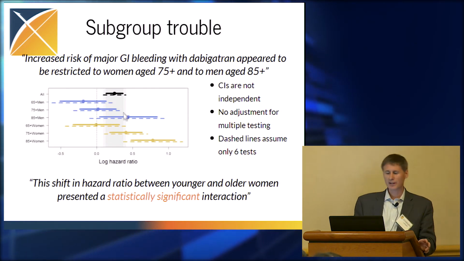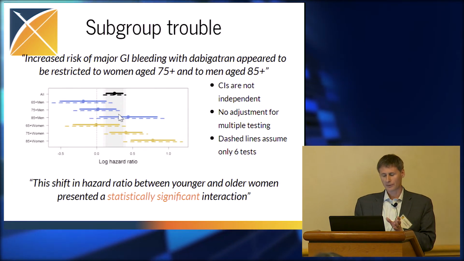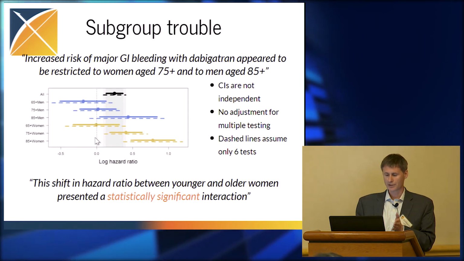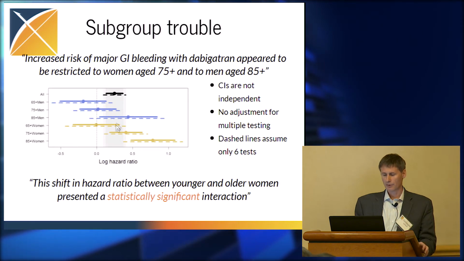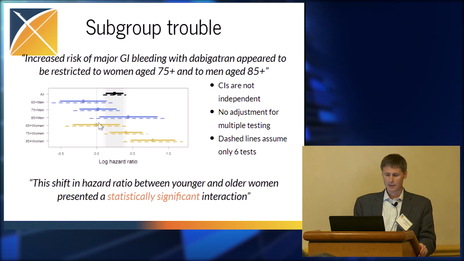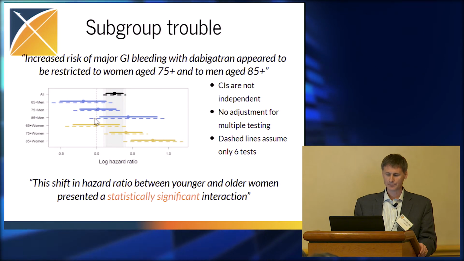Now, maybe what they're trying to say is that this odds ratio was totally on this side of 1, unlogged, or 0 on a log scale, for those who were 75 and above for women and 85 and above for men. However, if you account for multiple testing, that's not even the case here with the men 85 and above.